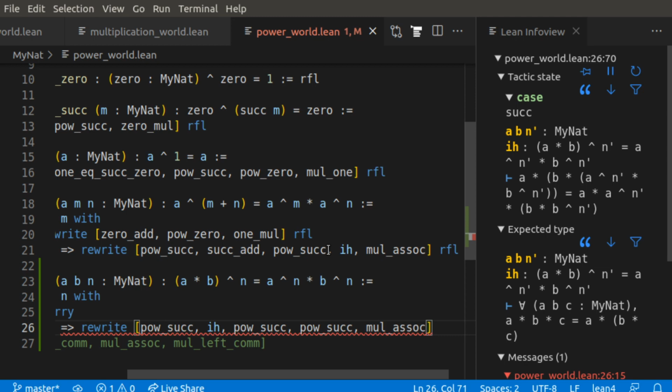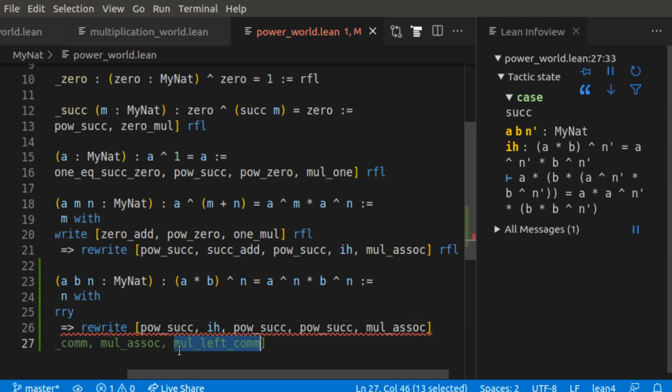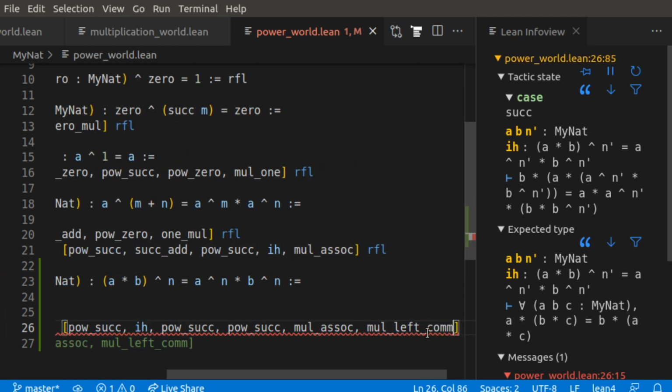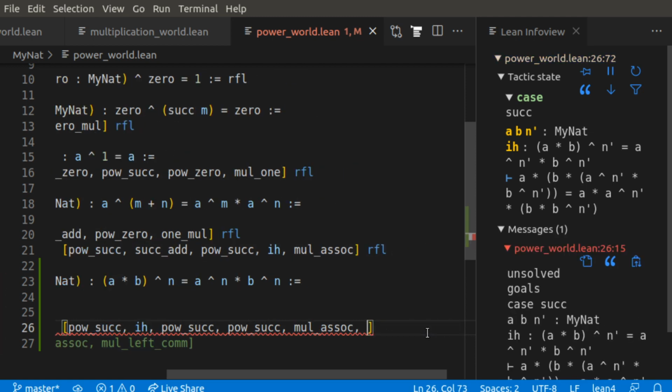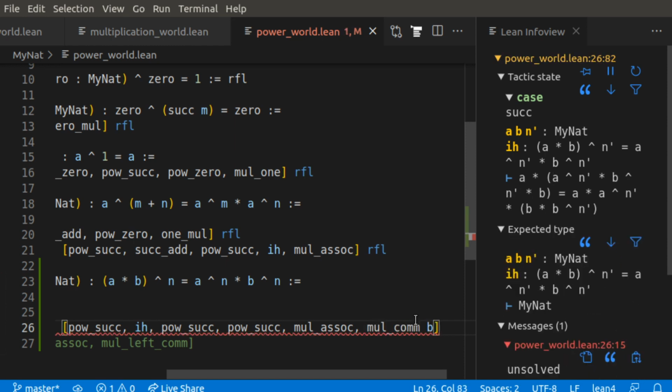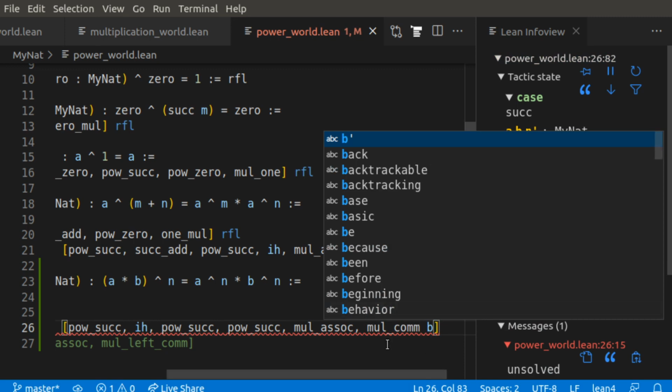Well, now we can do mul_left_comm. No, not yet. Now we want to swap b in this, so mul_comm b. Okay.